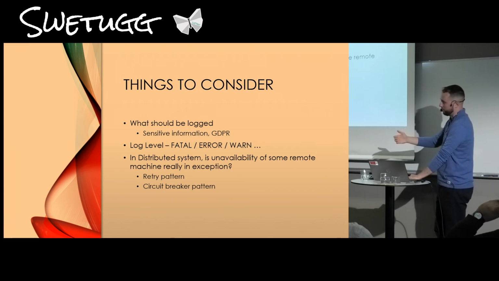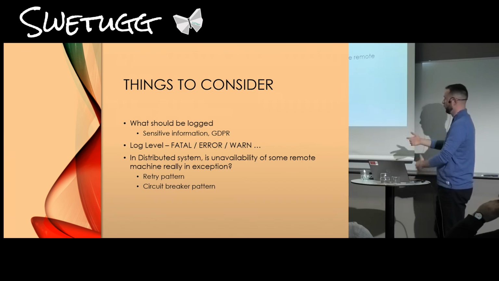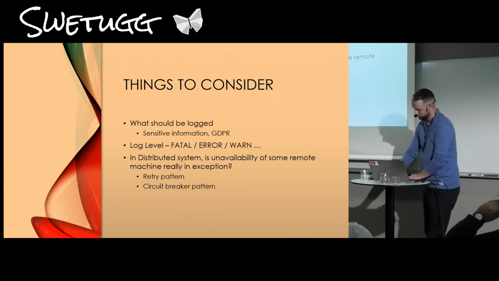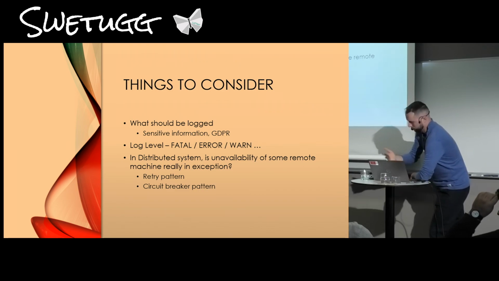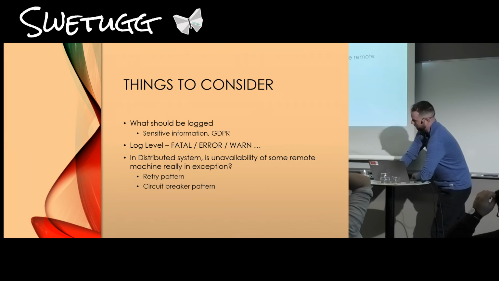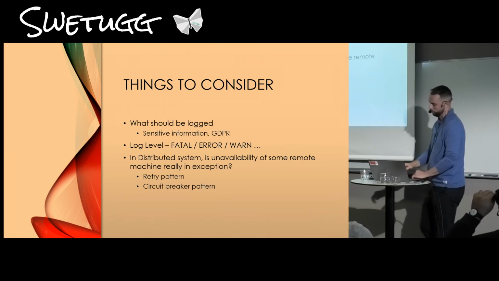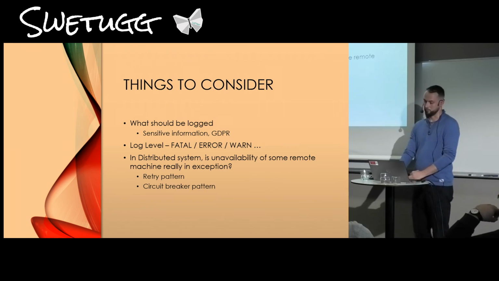It might be there in the exception, and if you would log the whole exception, it's possible that it would be logged and so on. So when you are logging, you should think about this: don't log the whole exception, for example, just log the message and make sure that there is no sensitive information, so as not to break these GDPR principles.